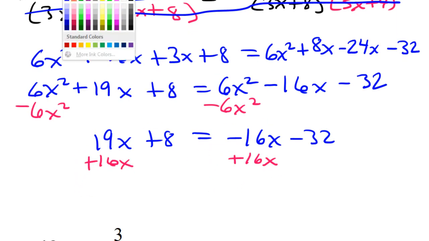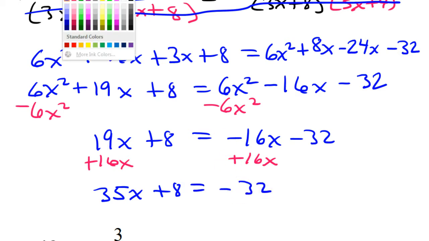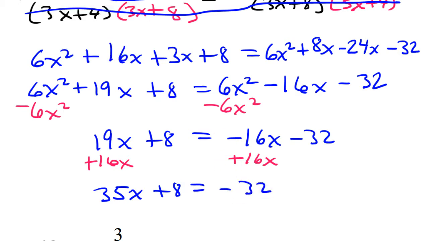So this is going to give me, what's this going to give me? If it were 20, it'd be 36, so it must be 35x plus 8 is equal to negative 32. Now I'm subtracting 8 from both sides.